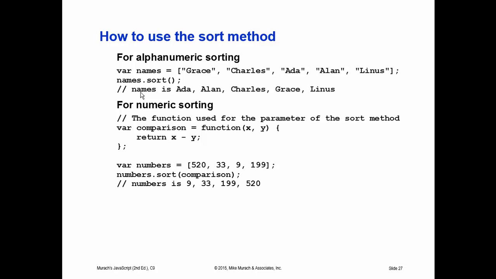Now it is a little bit different when you are sorting a numeric array, because you have to literally call a function. And what this function is going to do is compare the two values and swap them on an as-needed type of basis.